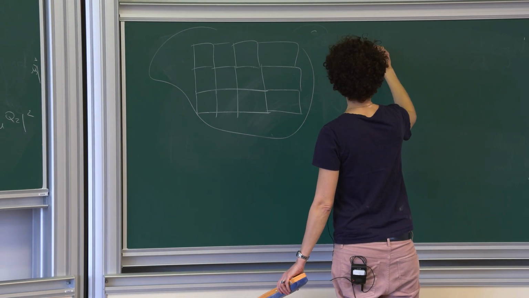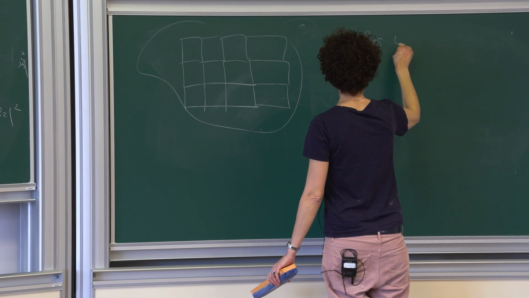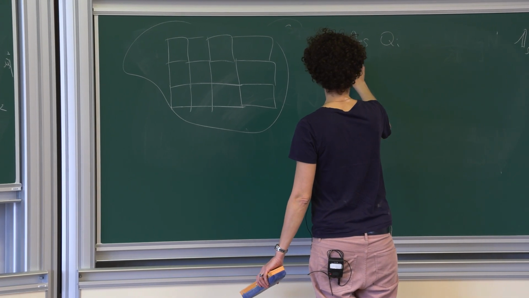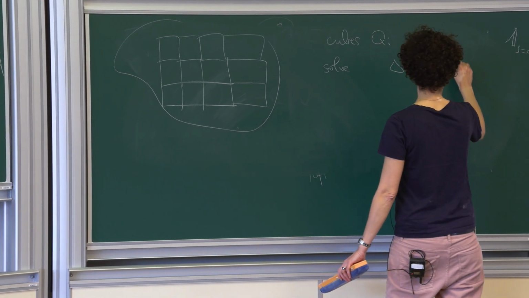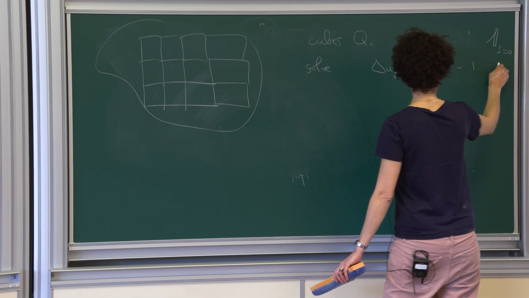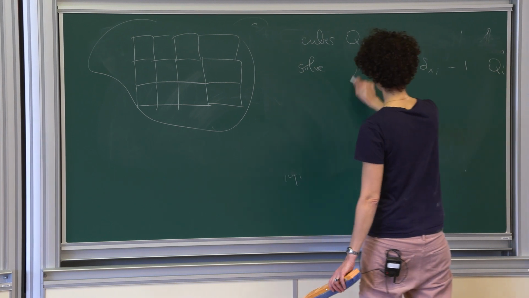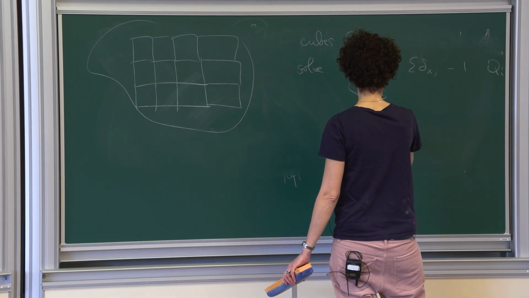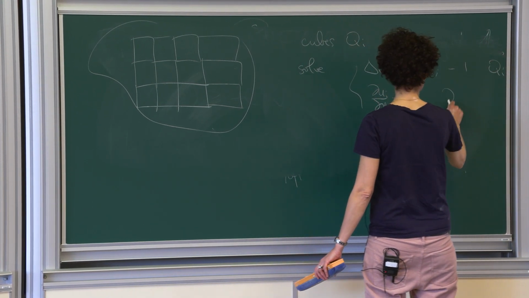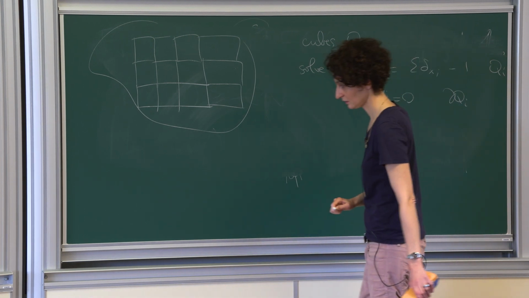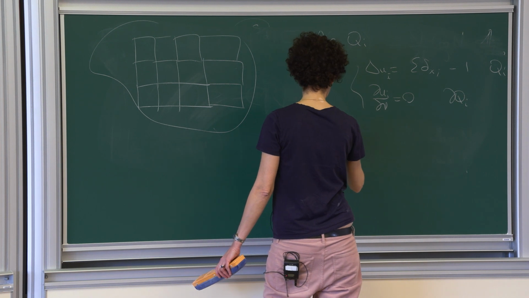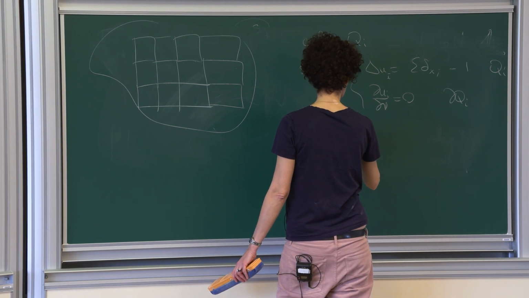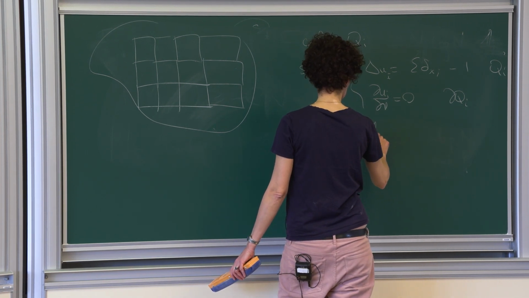Right, so if I have cubes Qi, and I solve the Neumann problem in the cube Qi with Neumann condition, then I can do the same. I can let E be the sum. I can paste together all these gradients.